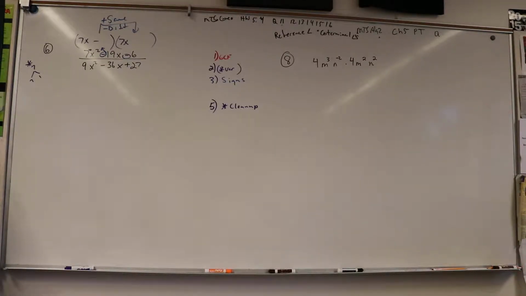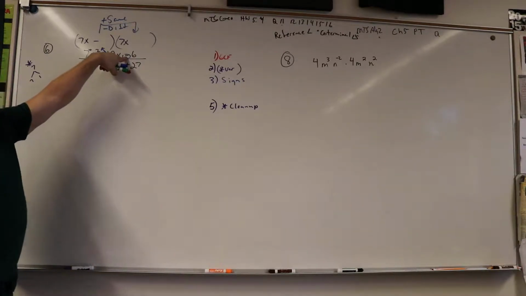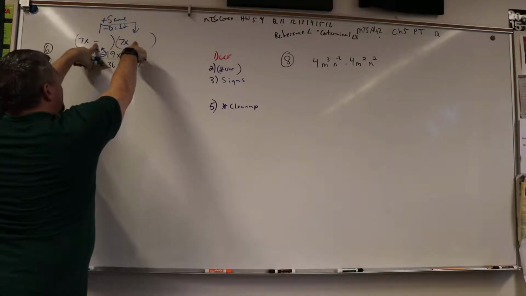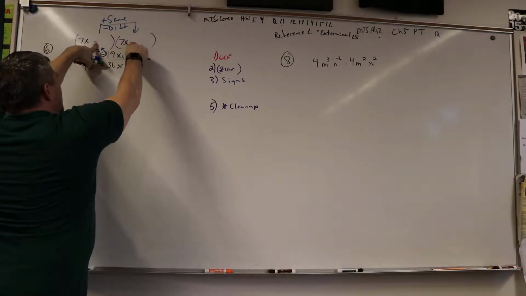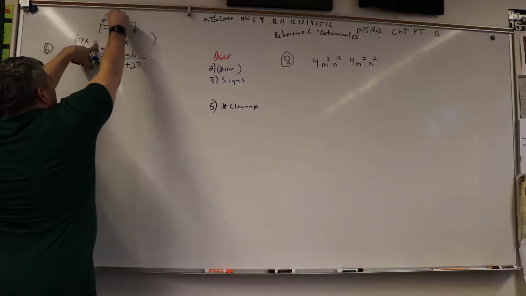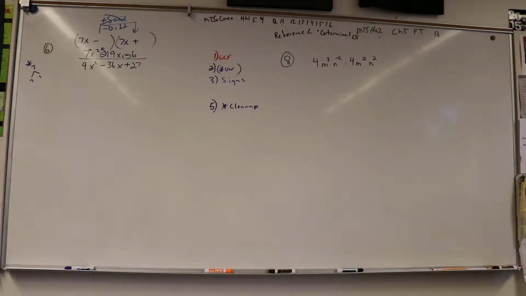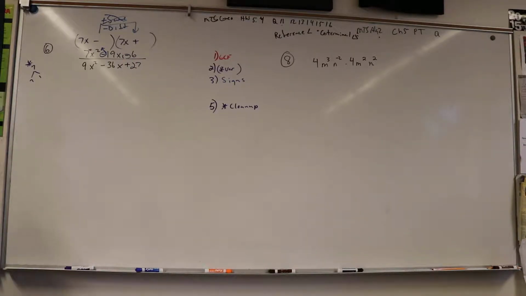If it's plus, they're the same. This is a minus, which means these two signs have to be different. So if this is minus, this has to be plus. And that's signs.